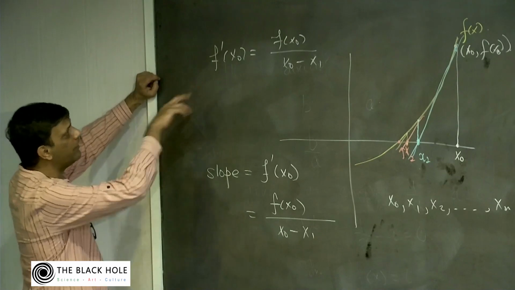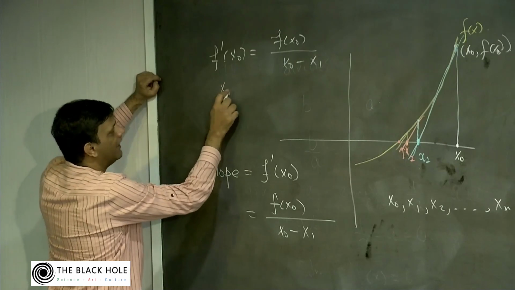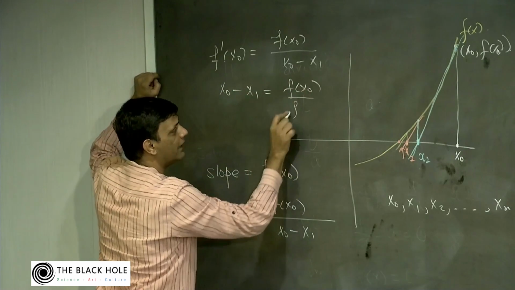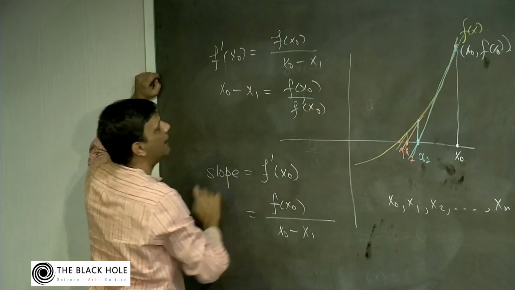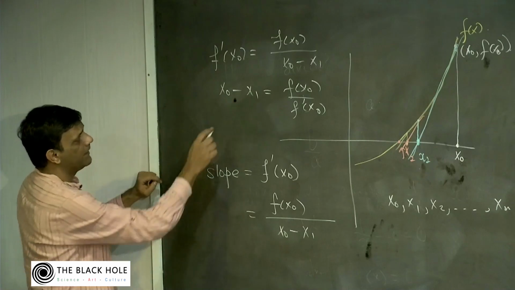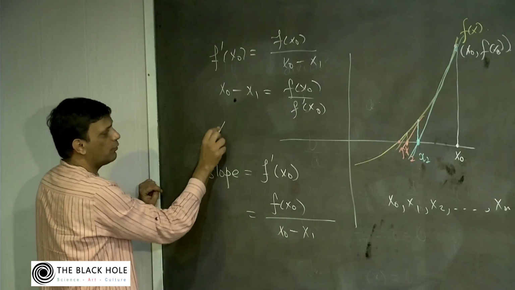So I'm going to divide. Let's do it this way: x0 minus x1 is equal to f of x0 over f prime of x0. Now I have to take this to that side and this here. So what would I get?